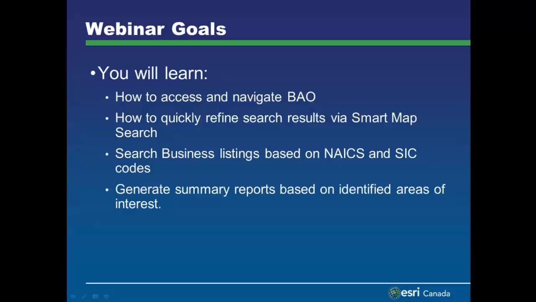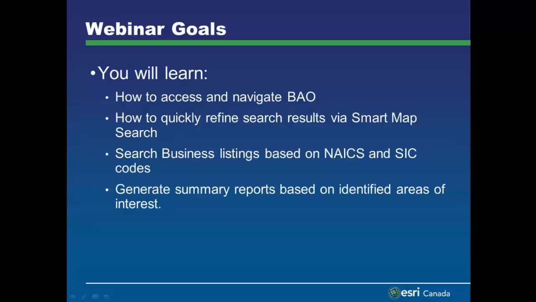This case will expose you to 3 tools within the application. The first being Smart Map Search, where a named user can define a set of criteria and query the map to refine their search results visually to reveal geographic boundaries. Following that, you'll compare these refined results by adding business data included within the application via the search business listings based on classification codes, so NAICS and the SIC codes as well.